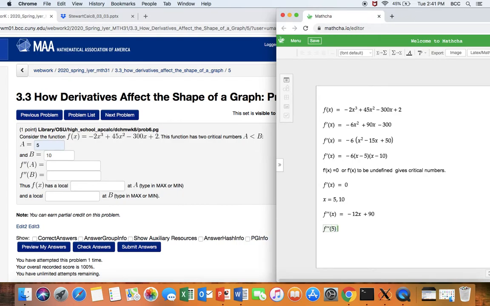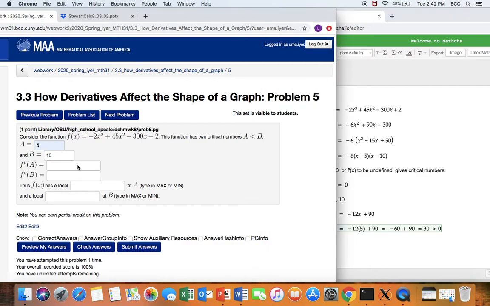At 5, f double prime equals negative 12 times 5 plus 90, that is negative 60 plus 90, that is 30, which is greater than 0. That's good news. They have asked us for just the derivative as a value, so that is a positive 30, correct.